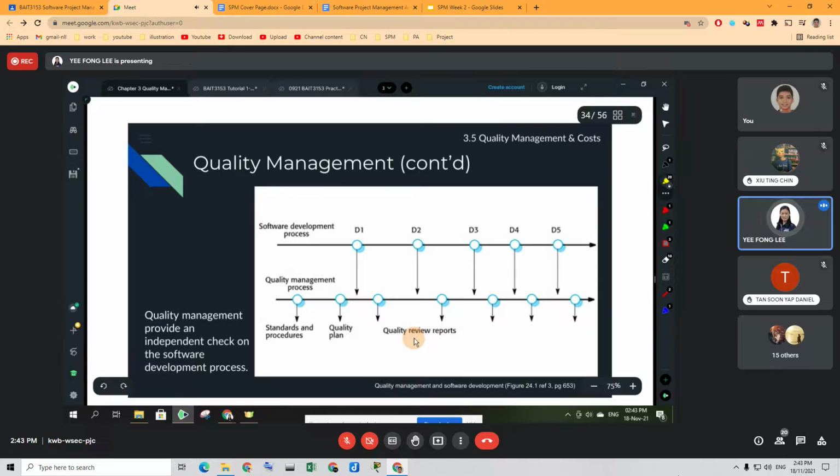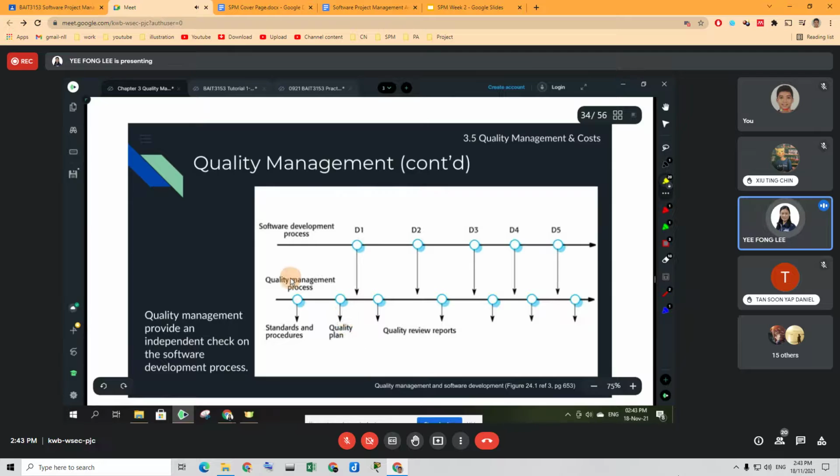They will check the process documentation, which records all the tasks that have been completed by each team member working on the project.